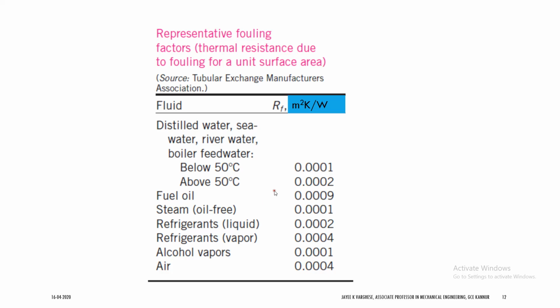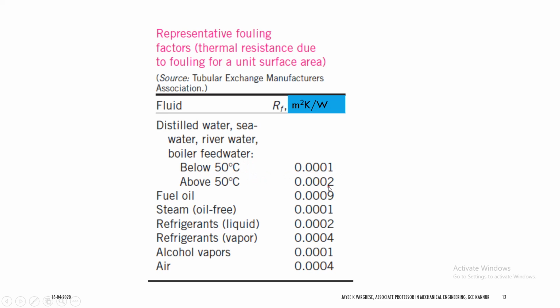So this shows the value of fouling factor in meter square Kelvin per watt for different operating conditions like distilled water, seawater, river water, boiler feed water, etc. Below 50 degrees Celsius, it can be 10 raised to minus 4.